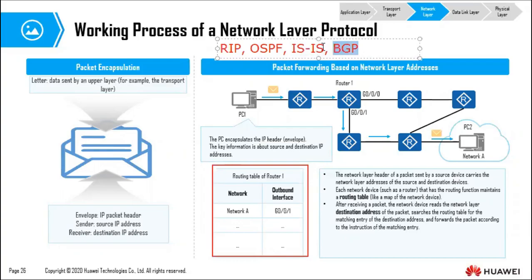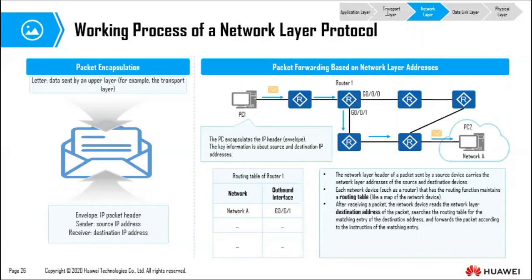Then you have BGP. BGP is used to interconnect ISPs. Are you together? And these ISPs are normally referred to as autonomous systems. We are going to learn about AS much later. Anyone with a question?